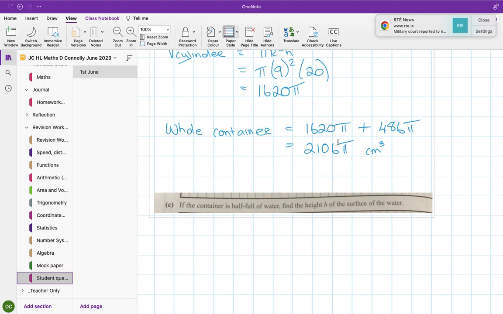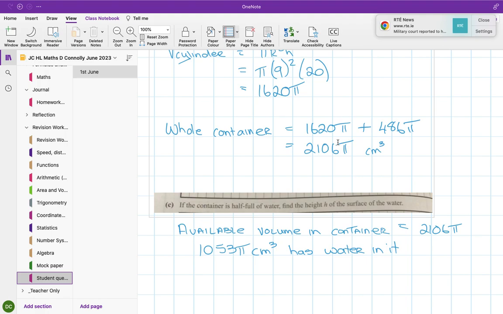Okay, so the available volume in the container is 2106 pi centimeters cubed. Yeah? So that means divided by 2, 1053 pi centimeters cubed has water in it.